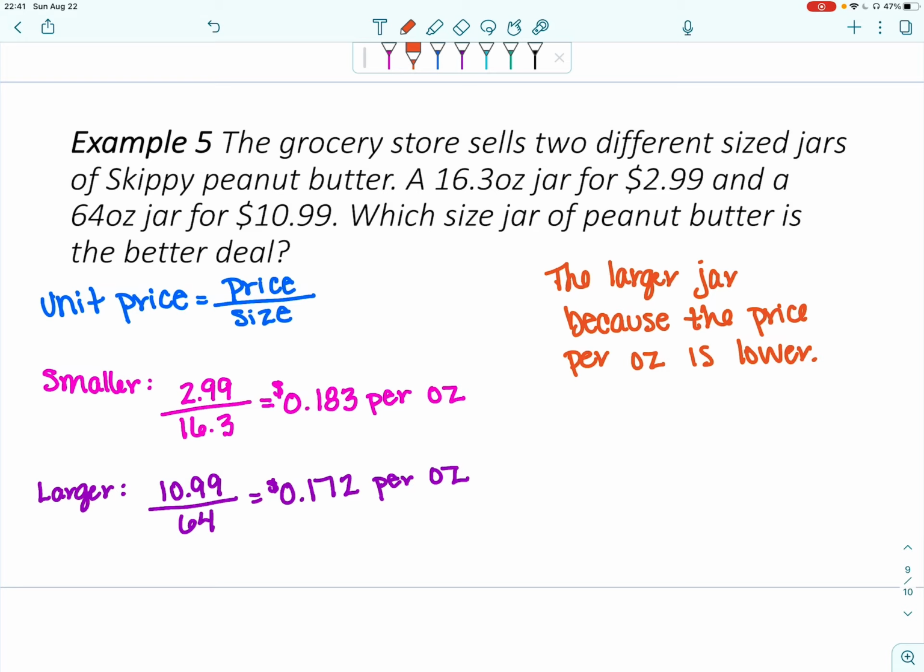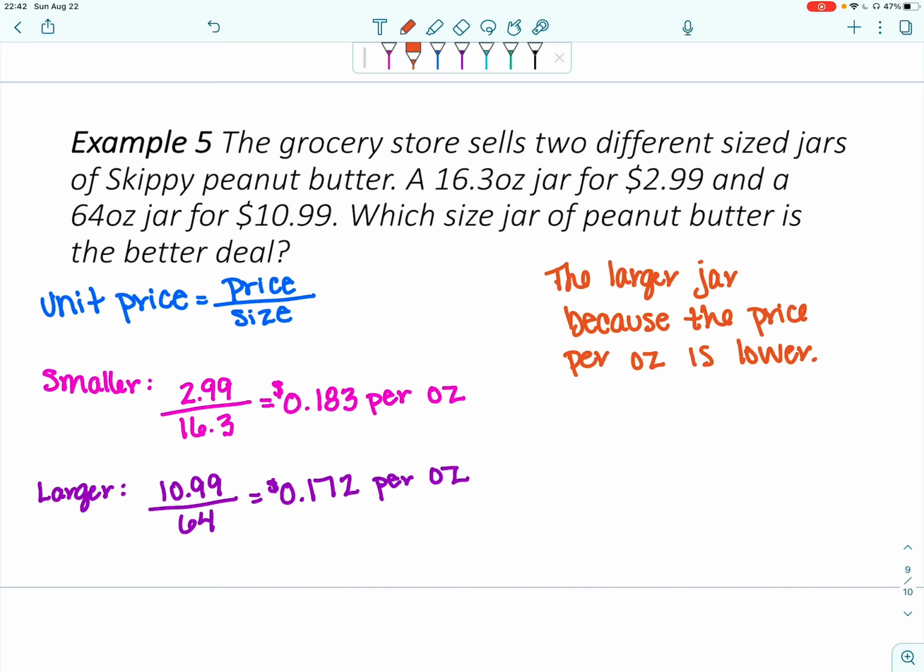So it's very important to know how to calculate this, because they like to make you think that the bigger jar is going to be the better deal, but it's actually not always the case. It could be true at other places as well. It was not true at this grocery store for their peanut butter.